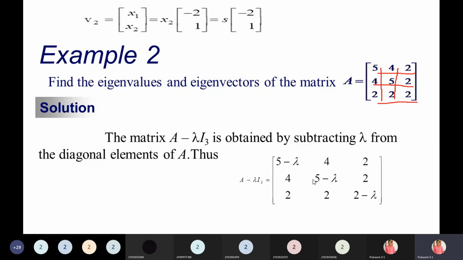It is very difficult to find that directly, so we use lambda cubed minus s1 lambda squared plus s2 lambda minus s3 equal to 0. S1 we can easily find; s1 is nothing but the trace, 12. S3 is the determinant, which we have to find, and s2 is the sum of the minors of the main diagonal elements.